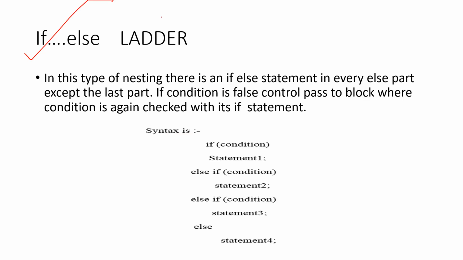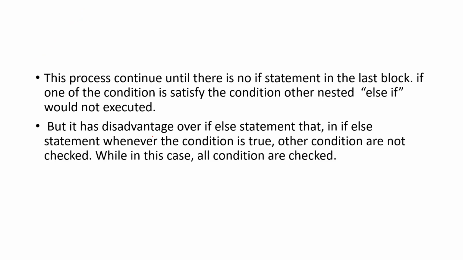But in an if else ladder it continuously checks conditions, like a ladder. If the condition is true, then it goes to its part; if the condition is false, it goes to its else part, then checks the next condition. This process continues until the last block.